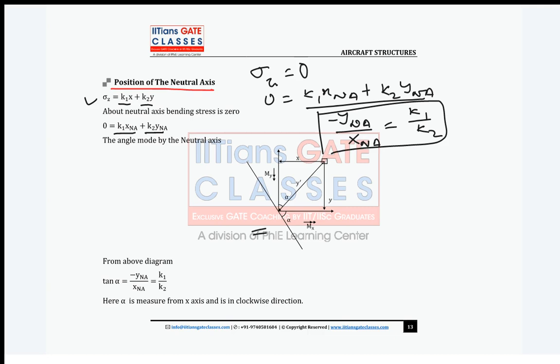Now you guys see this. This is what we have seen initially, the cross section, right? In the cross section, while deriving unsymmetrical bending, we consider this your neutral axis NA, and NA making alpha angle from the horizontal axis. Is this alpha measured clockwise or anti-clockwise? You can say it is a clockwise angle.